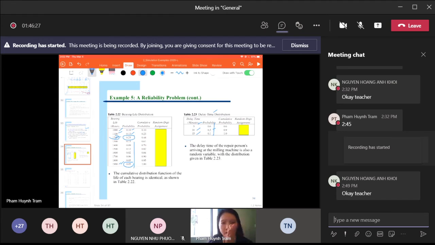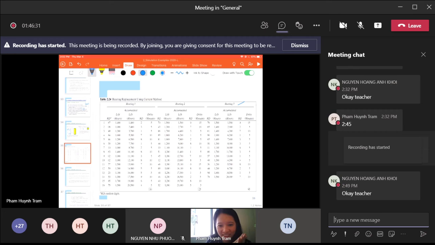So we will see in our simulation table what we want to look at here. We'll try two proposals. The first one is the current method, and the second one is the new policy. We will compare by looking at the costs for each method.